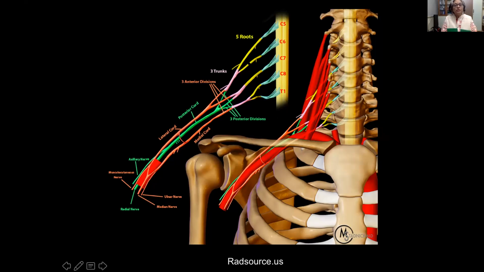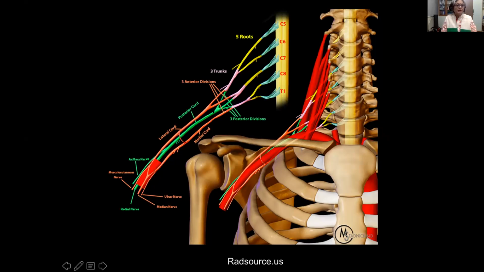These nerve roots then go out of the spinal neural foramen extraspinally, and they form three trunks. C5 and C6 join to form one trunk. C7 continues as the middle trunk, and C8 and T1 form the lower trunk. Now these three trunks divide into anterior and posterior divisions each.